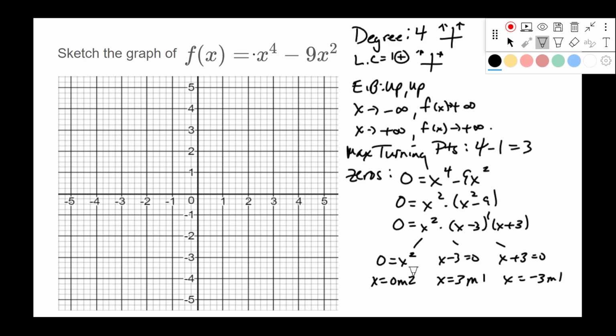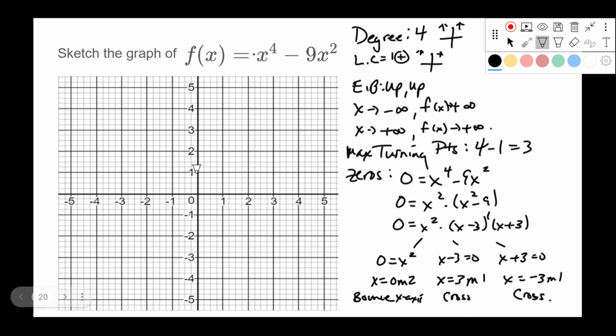Now, the multiplicity here is even, which means that at x equals 0, the graph will bounce on the x-axis, not cross it. It's even. Okay, bounce off the x-axis and come back the way it came from. At x equals 3, it will cross over the x-axis. At x equals negative 3, it'll also cross over the x-axis.